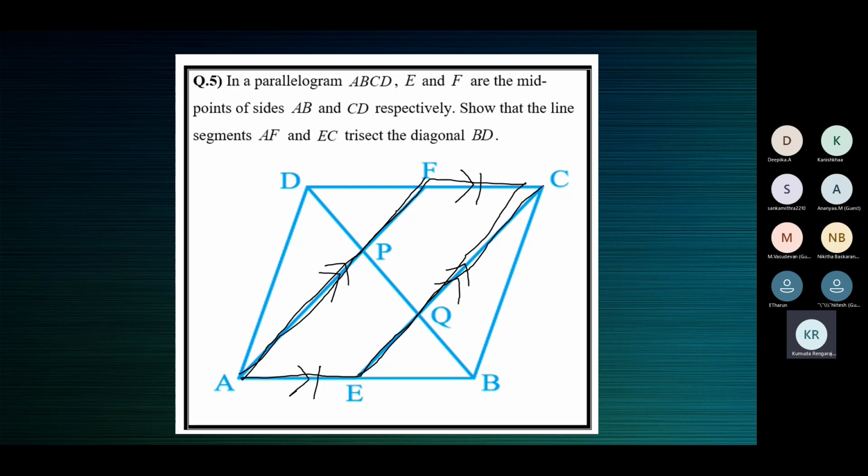So it's obvious that AF is parallel to EC. Correct? Yes or no, children? Do we understand why AF is parallel to EC? Why is AF parallel to EC, children?